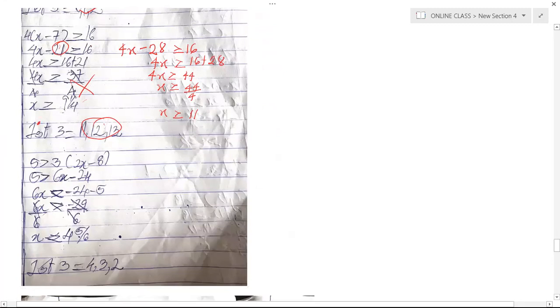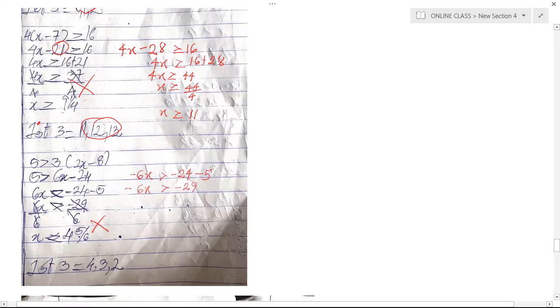Next one says that 5 is greater than 3 into brackets 2x minus 8. That is, if you change the position, your workings there is totally wrong. What you should have done is either you change it to that side, or you take this 6x to the other side as minus 6x, then is greater than or equal to minus 24, then minus 5, which means that minus 6x is greater than or equals to minus 29.